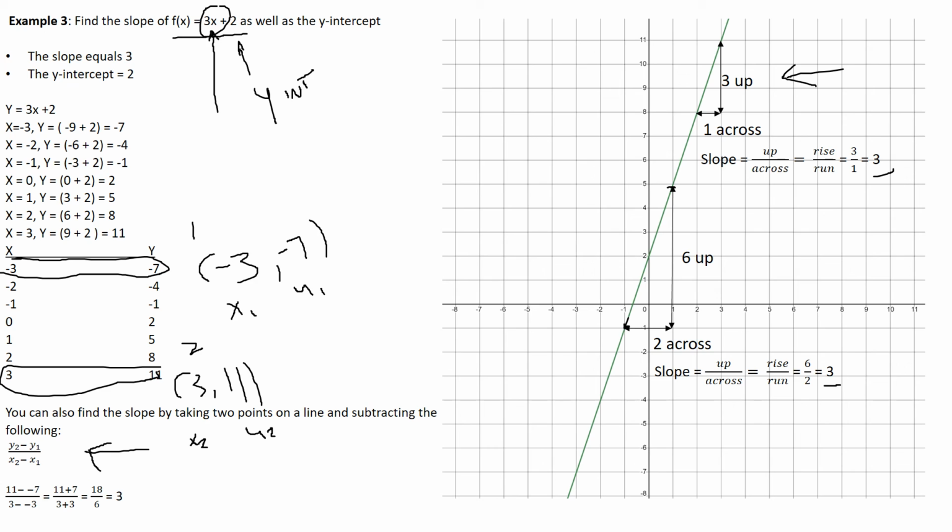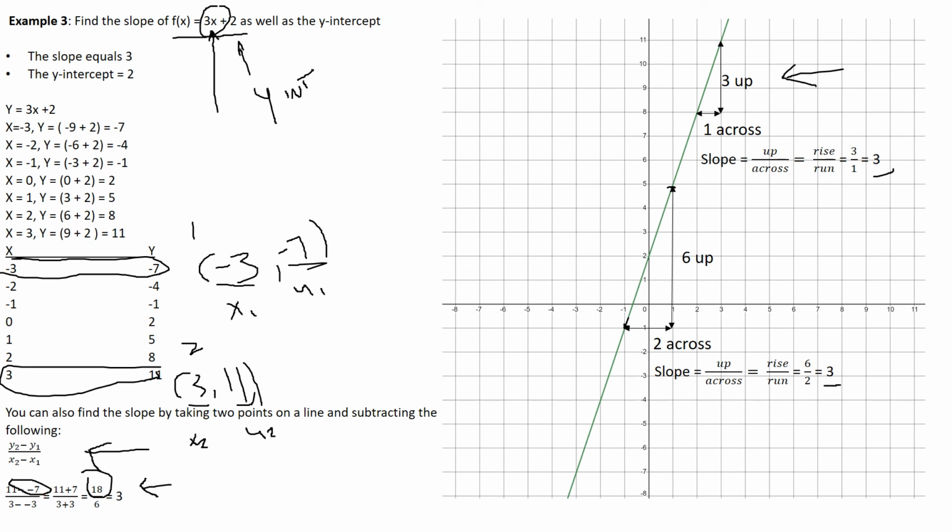If I take this equation right here, y2 minus y1 over x2 minus x1, I put 11 right here, 11 minus negative 7, which I've written right here. 11 minus negative 7 is the same as 11 plus 7, two negatives making a positive. That's 18. Then in the denominator, it's x2 minus x1, which would be 3 minus negative 3, which is the same as 3 plus 3. And I get 6. 18 over 6 is 3.